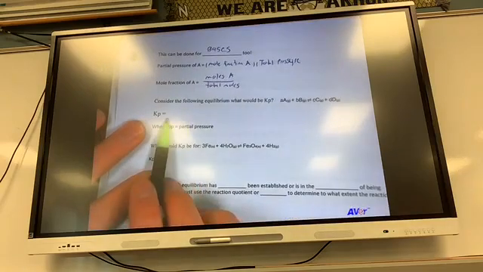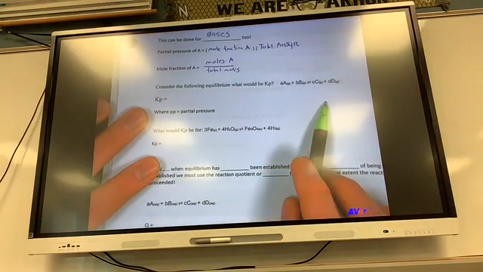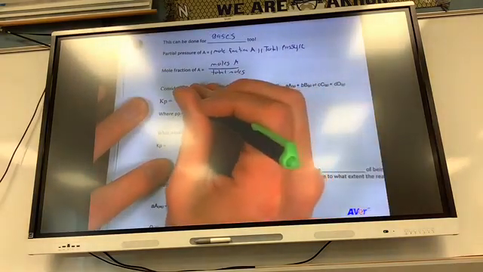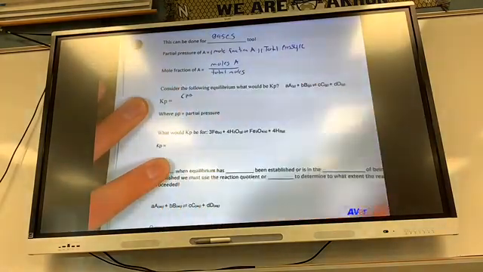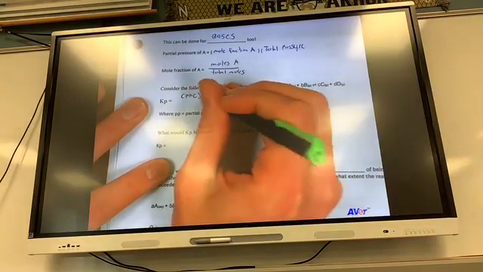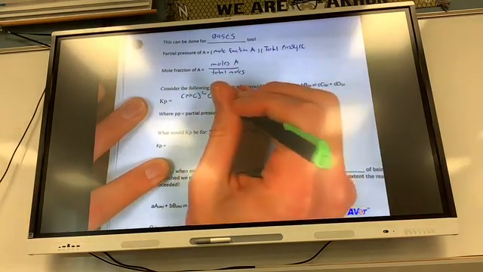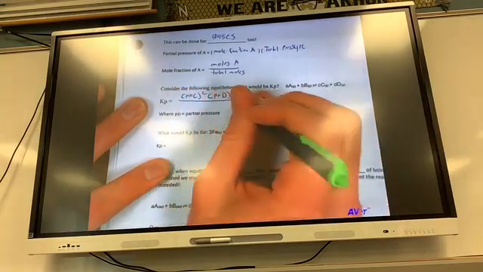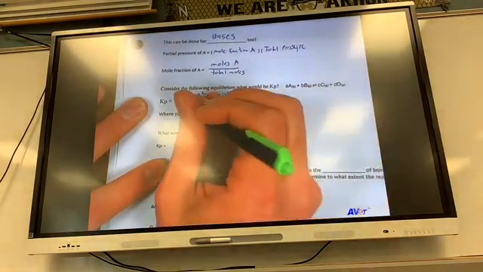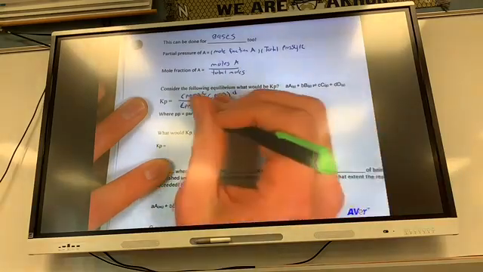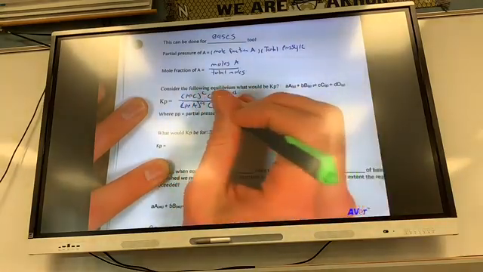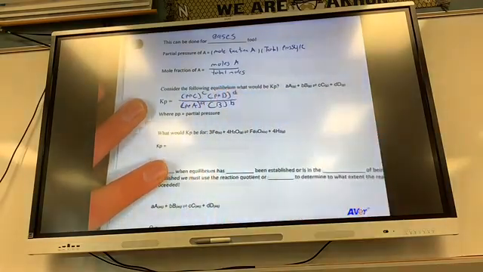So to write a Kp for this, it's pretty much the same thing as Kc, but with parentheses. So it would be parenthesis, partial pressure of C to the little c, times parenthesis, partial pressure of big D to the lowercase d, over parentheses, partial pressure of big A to little a, times parentheses, partial pressure of big B to little b.